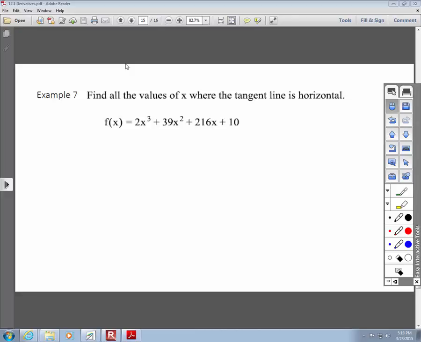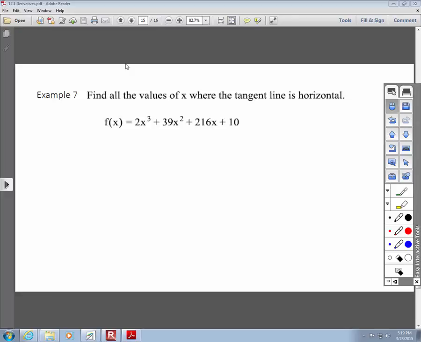Now I can factor this part. This is something you should already know how to do. Ignore the 6 for right now. What numbers multiply to give me 36 but add to give me 13? 6 times 6 gives 36, but 6 plus 6 is 12.